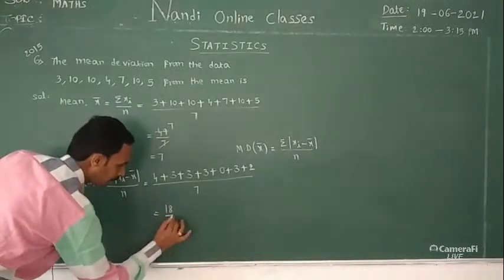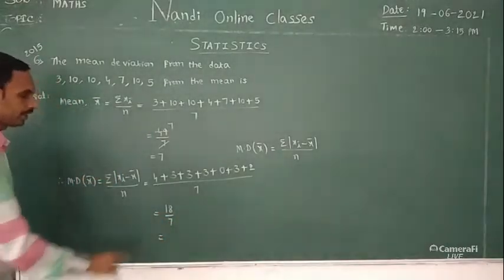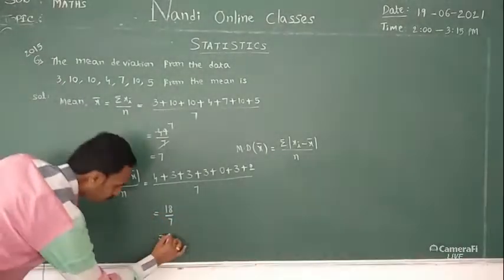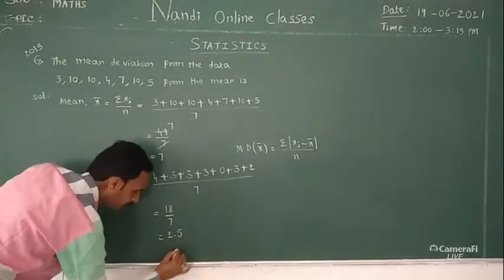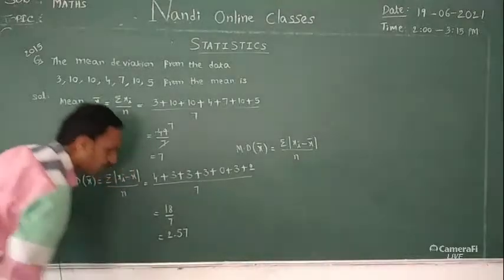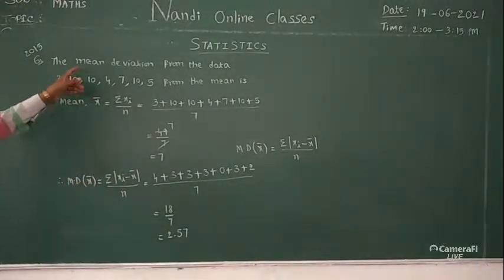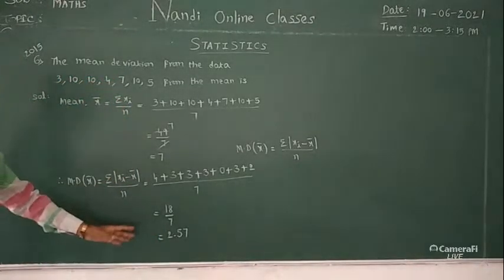So, 18 divided by 7, 7 twos are 14, 40 will come, 7 fives are 35, 7 sevens are 49. So, 2.57. That is the mean deviation from the mean. Write it.